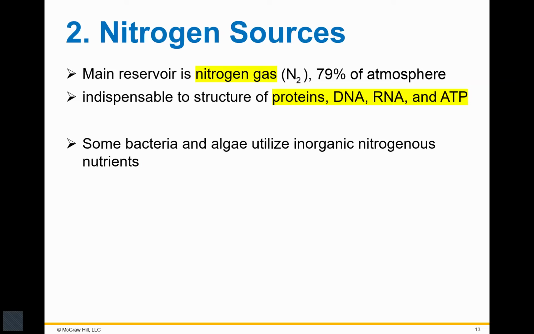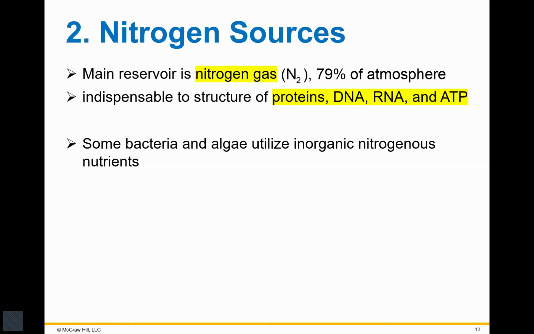Now, since nitrogen exists as nitrogen gas, this form cannot be fully utilized by most microbes and most organisms. But there are some bacteria and some algae which are able to process this into more usable forms, such as nitrate and nitrite, that can be used and absorbed by other microbes.